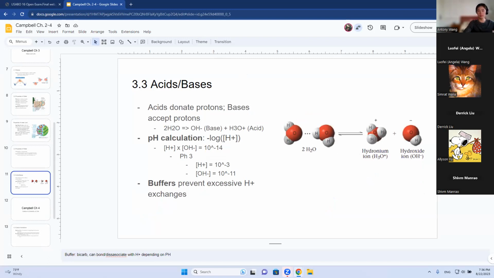So basically, since acids donate protons and bases can take the protons, afterwards what we call those are conjugate acids and bases. When a proton gets donated, that second atom, the hydroxide in this case, is called the conjugate base, because the hydroxide could potentially take another hydrogen, which makes it kind of basic.